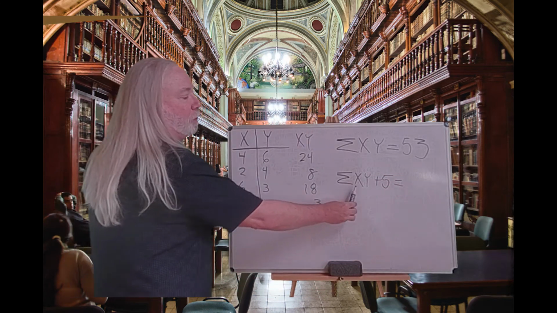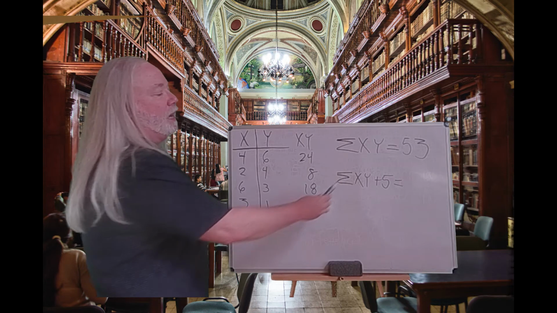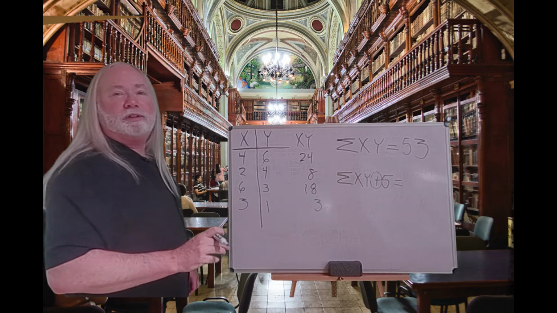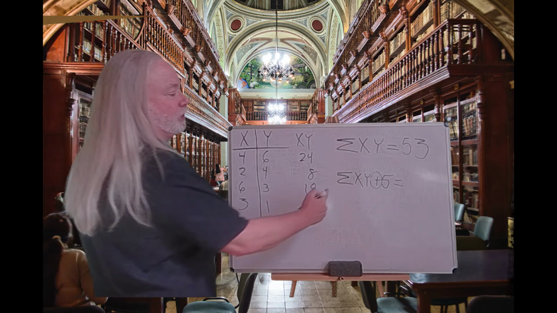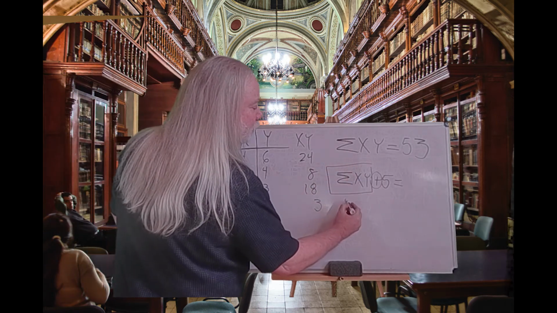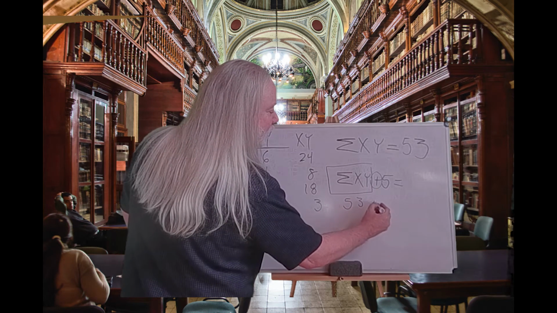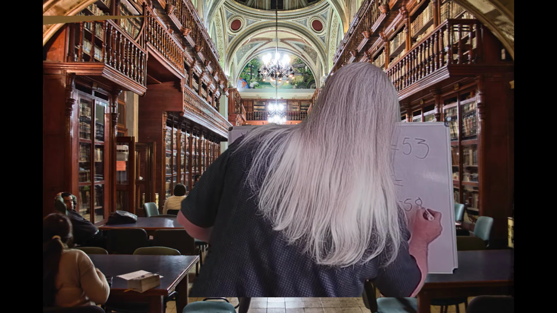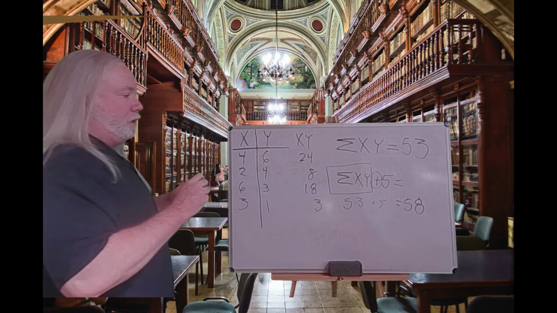The summation of the products, variable x times variable y, plus 5. Well, here is our new instruction, that plus. It's a different command to do. So it'd say, well, take care of this part first, which we know is 53, and then add 5 to it. 58.